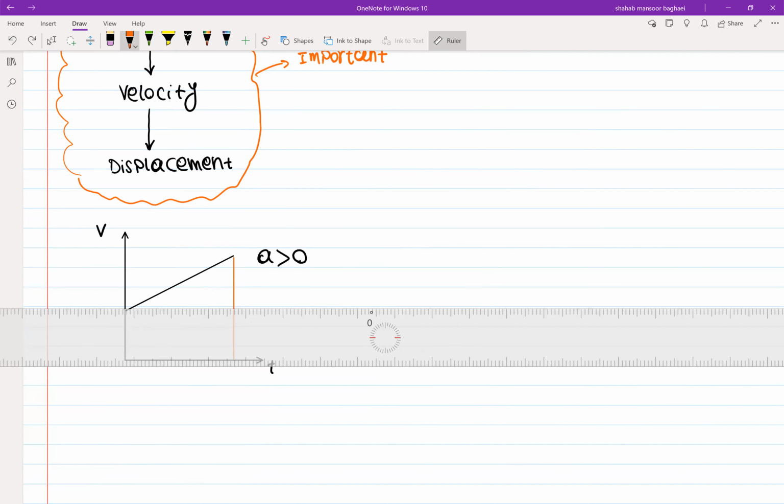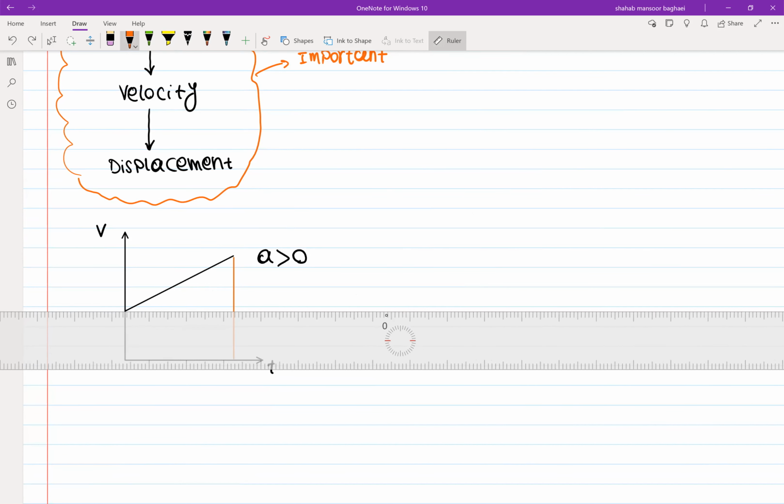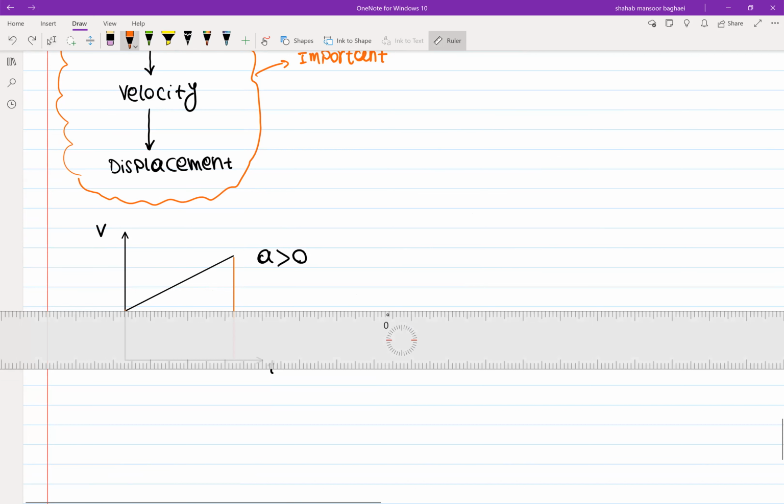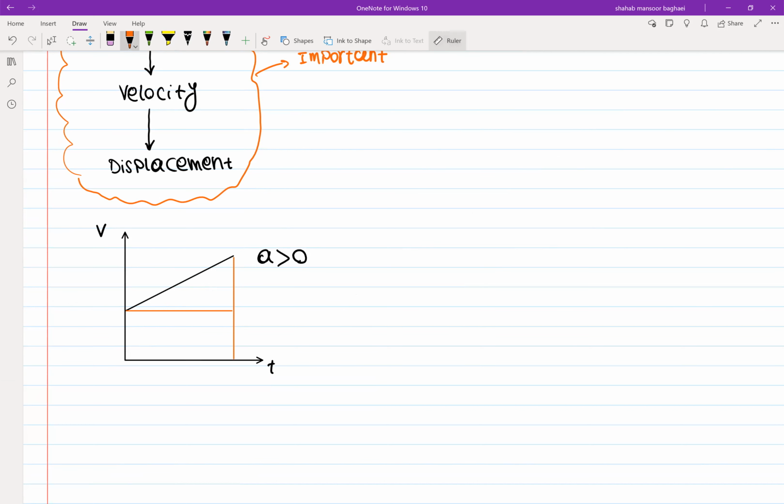In order to calculate this area, I can divide it into two parts. The first one is the rectangle at the bottom. It is here. And the second area is the triangle on the top, which is here.